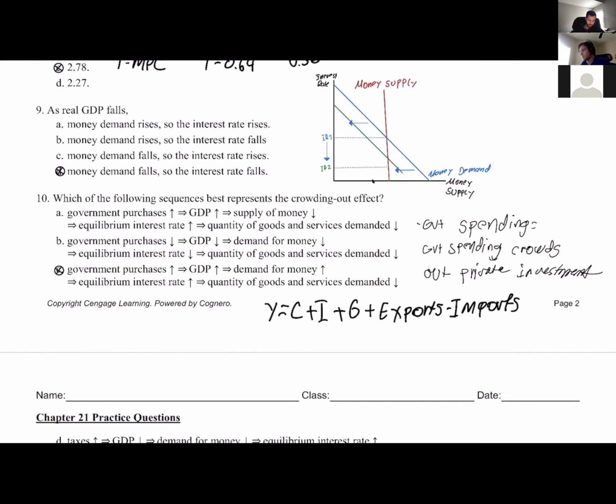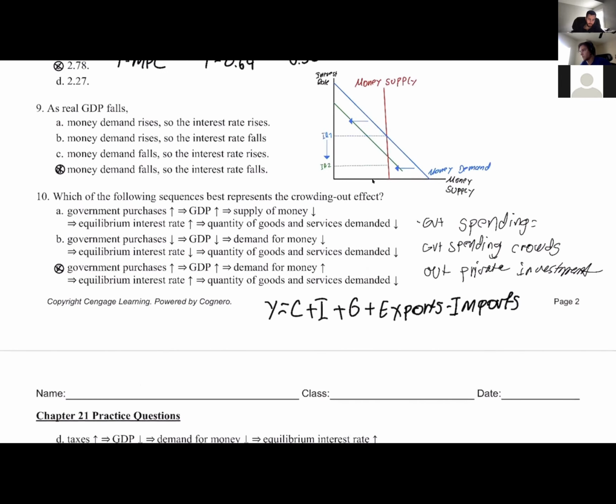And then the equilibrium interest rate, however, would increase, as you can see up here. But then the quantity of goods and services demanded would go down as a result of this higher interest rate. So what the crowding out effect is basically saying is that even though the government is trying, with this expansionary fiscal policy, spending a lot of money, to boost the economy, that will lead to this higher interest rate, which will dim the effects of this boost, if that makes any sense.